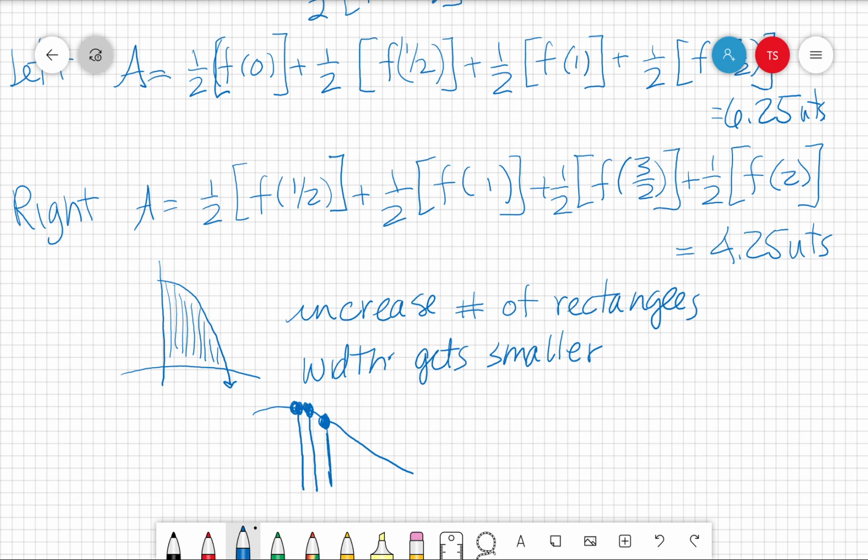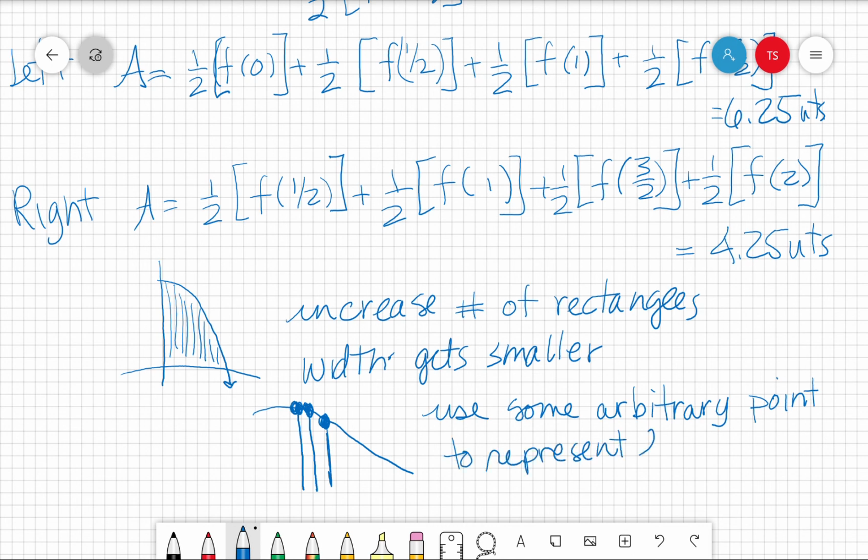So what we would have is we would use some arbitrary point to represent the height or the length of the rectangle. And I'll get into that in the next video.